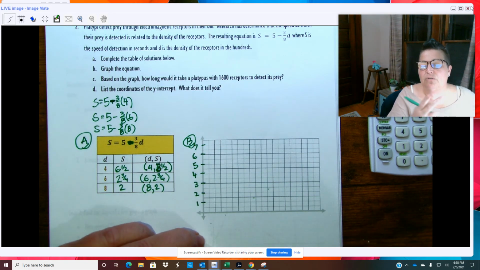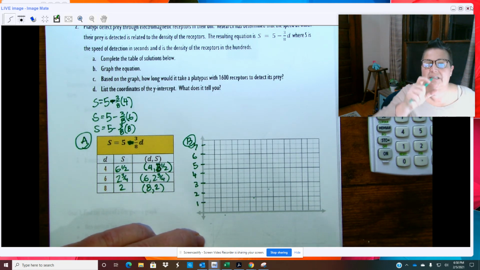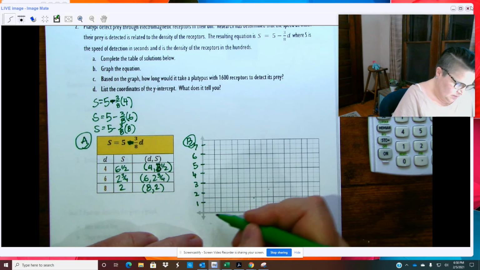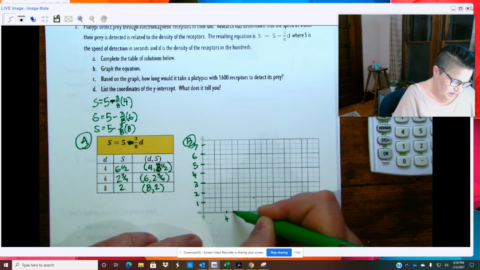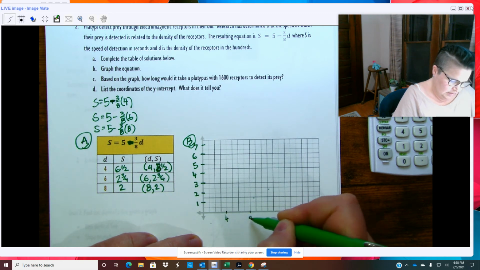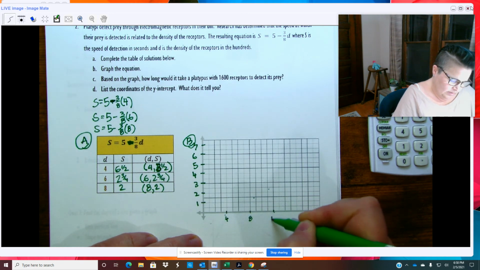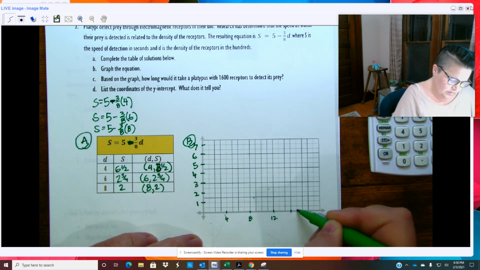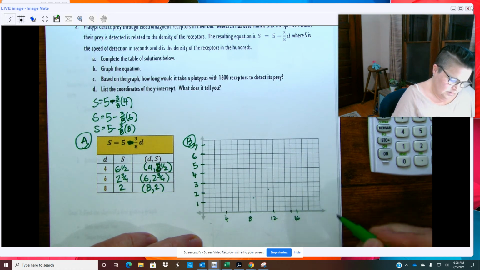If I count 2 as 1, then I can put the 1/2 in a nice spot. I'm just giving myself a little room to breathe when I graph this. So 1, 2, 3, and then this can be 4, 5, 6, 7, 8, 9, 10, 11, 12. These are kind of, whoops, this one, 16.